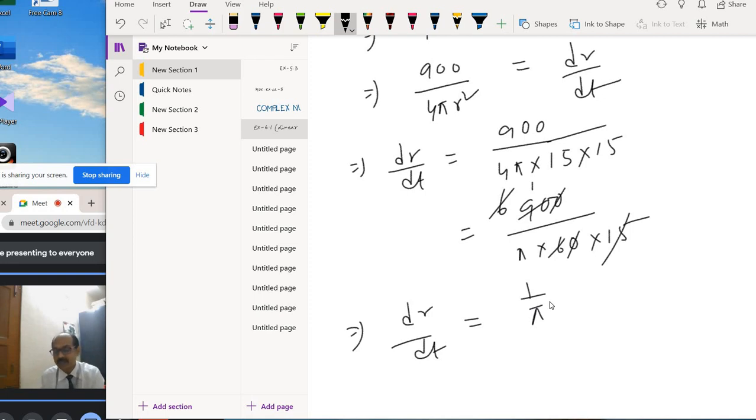Okay, this is the radius, and radius unit is centimeter only. Length, so centimeter per second. Okay, question is find the rate at which the radius of the balloon increases.